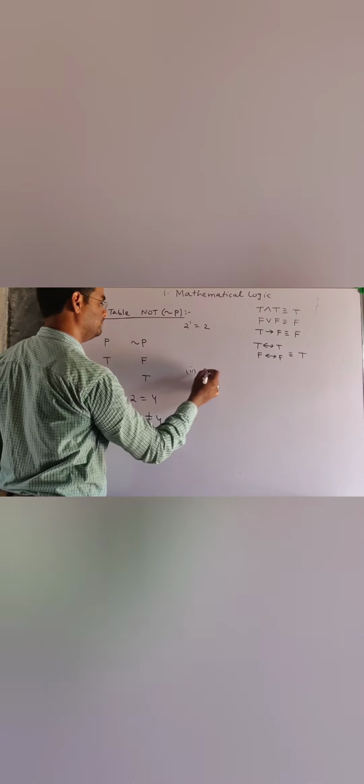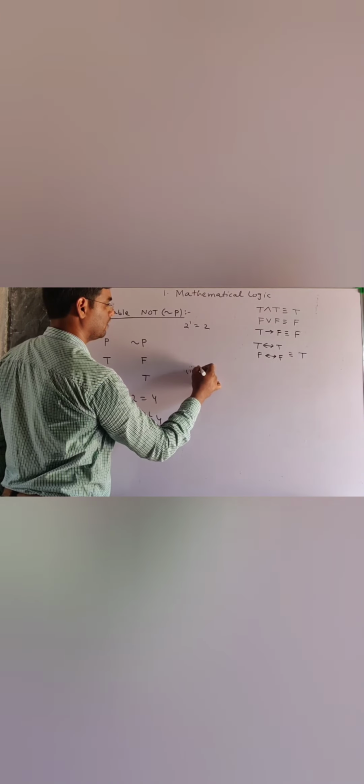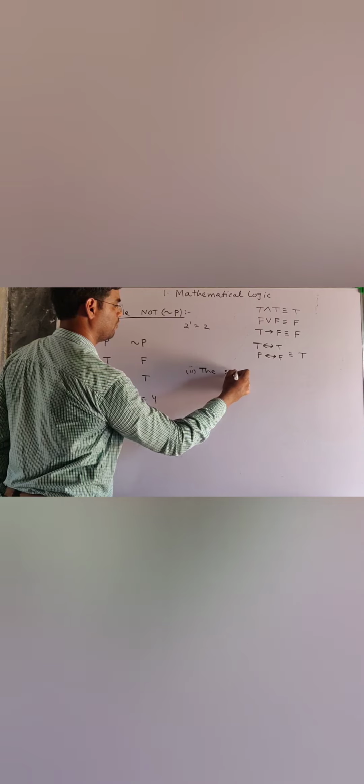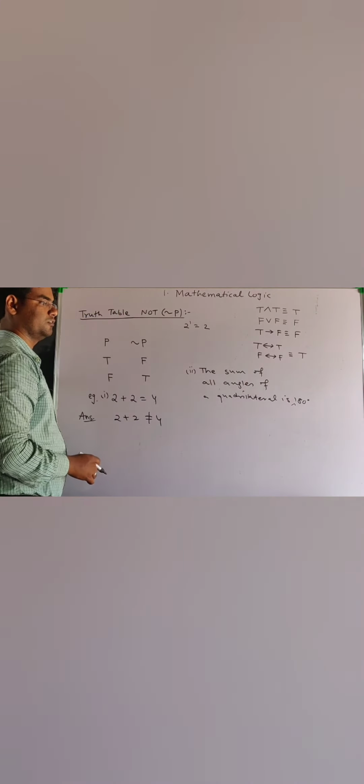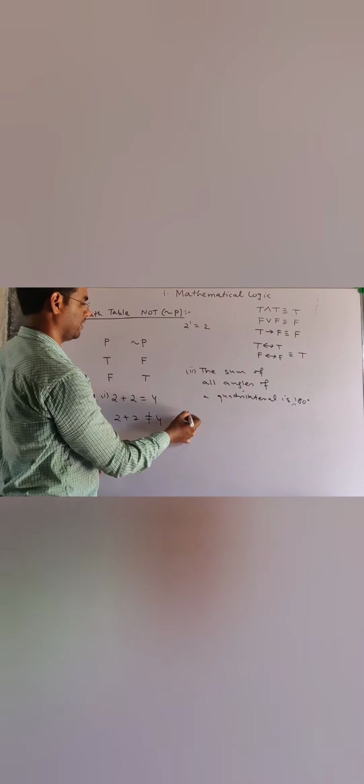Suppose we write: the sum of all angles of a quadrilateral is 180 degrees. Then for the negation, simply insert "not" here: the sum of all angles of a quadrilateral is not 180 degrees. This is the negation of that statement.